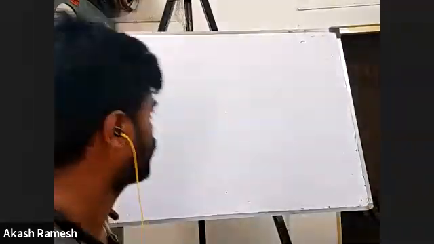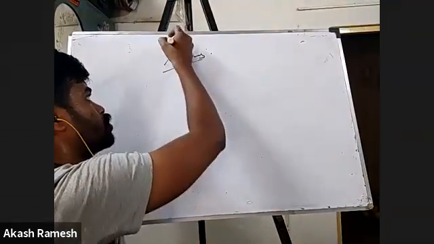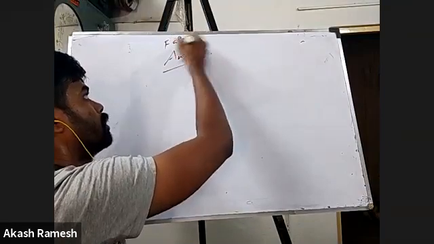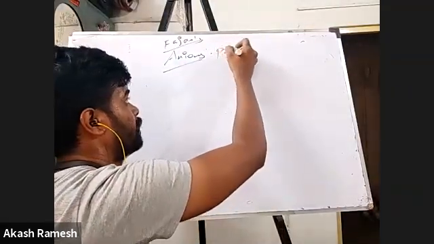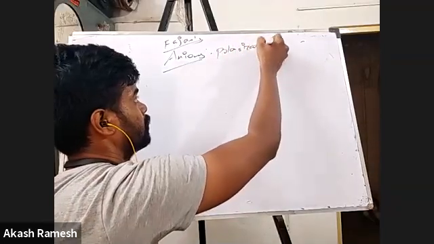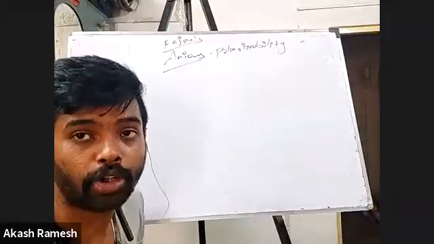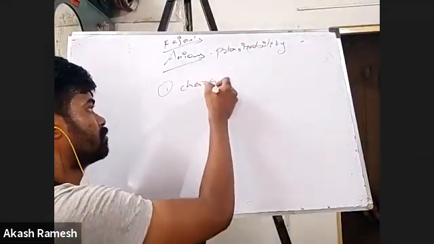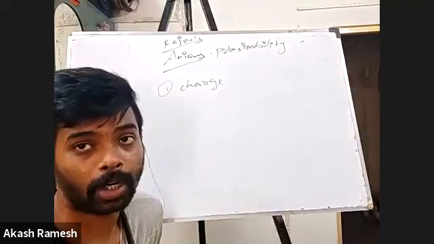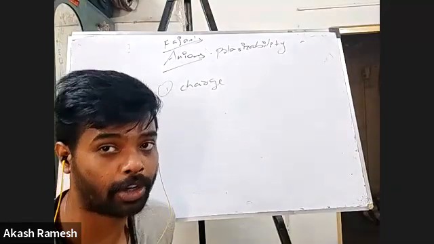So we are going for anions. Again, this comes under Fajan's rule only. Anions' polarizability. Again, there are going to be two factors here. The first one is the charge. More and more is the charge, more and more is the number of electrons present.